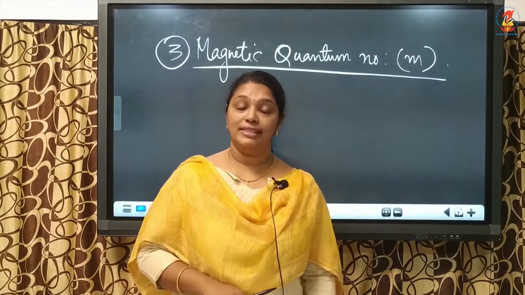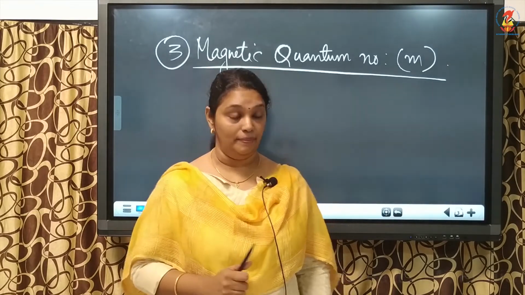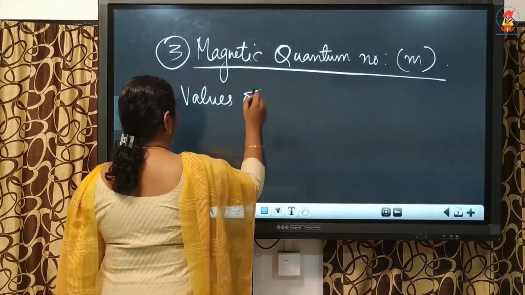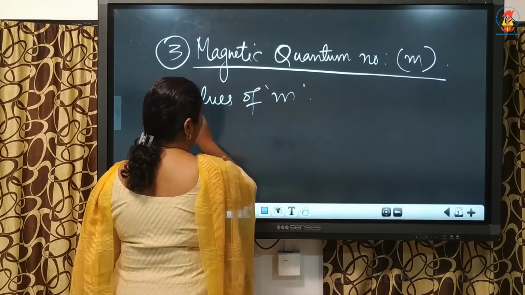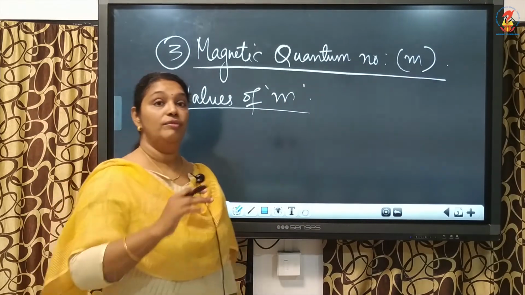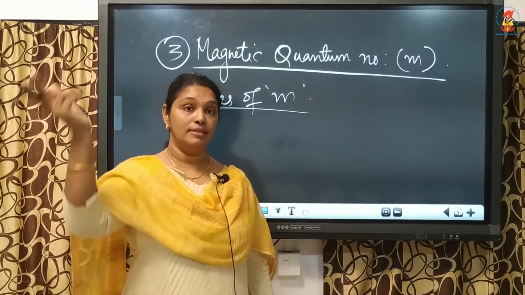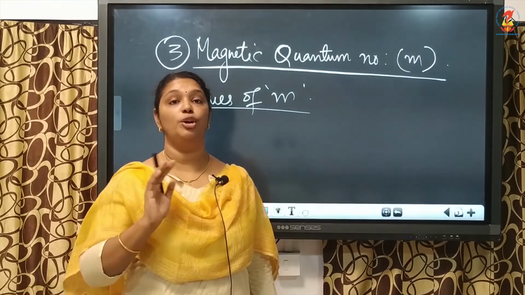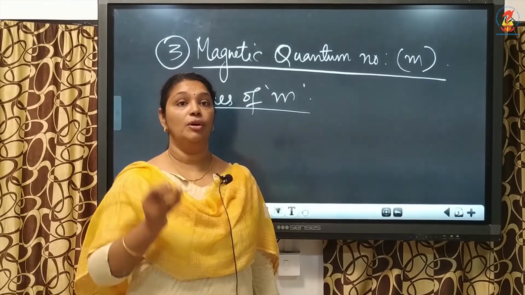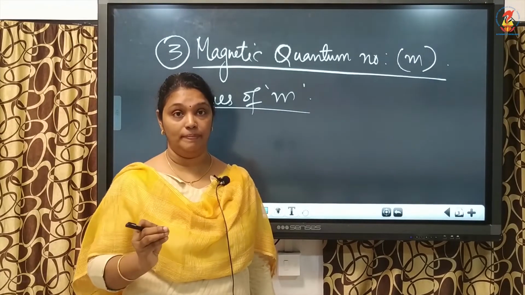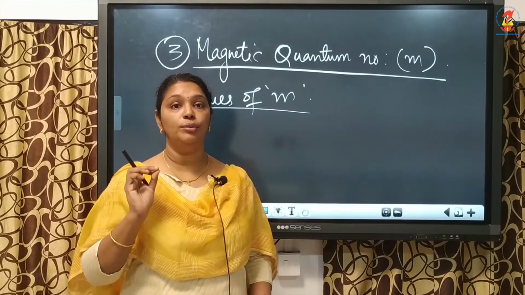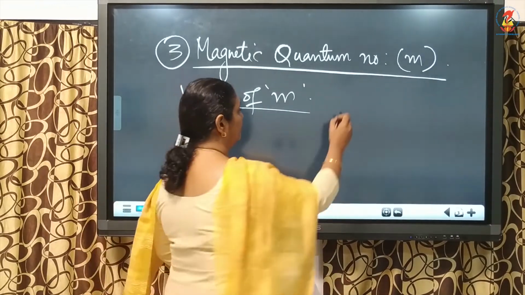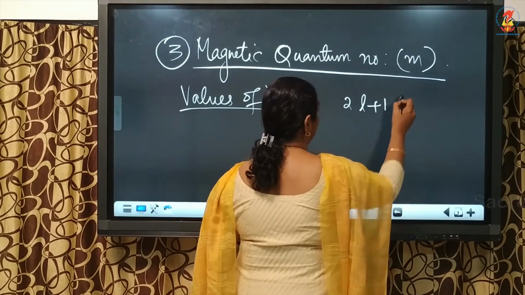Now, let's see what the values of M are. Now, the value of L was based on the value of N. Now, the value of M is based on the value of L. So, I am going to say the values of M. For a given value of L, M can have 2L plus 1 values.